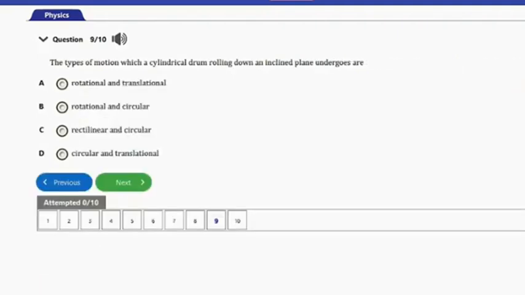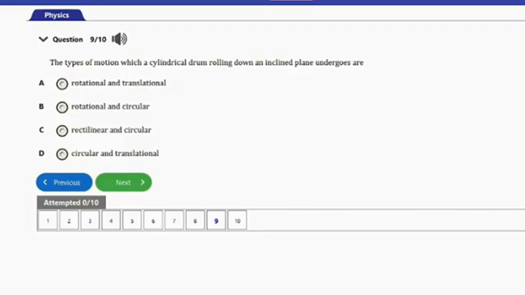So guys, the next question here is question number 9. It says, the types of motion which a cylindrical drum rolling down an inclined plane undergoes are: A, rotational and translational; B, rotational and circular; C, rectilinear and circular; D, circular and translational.